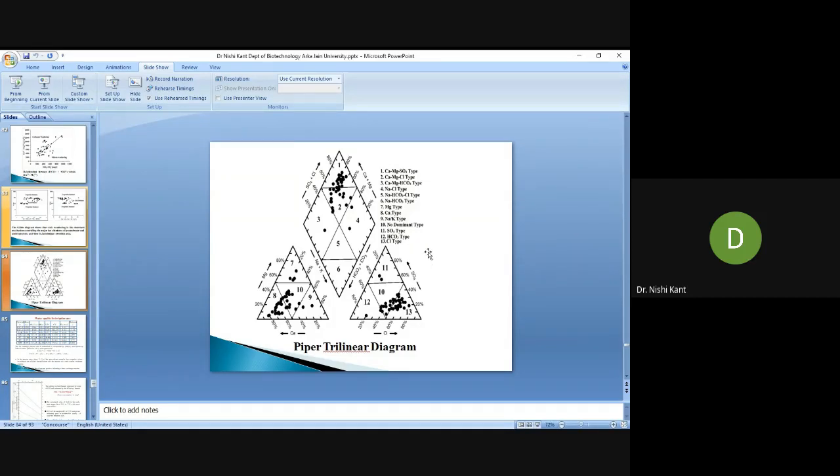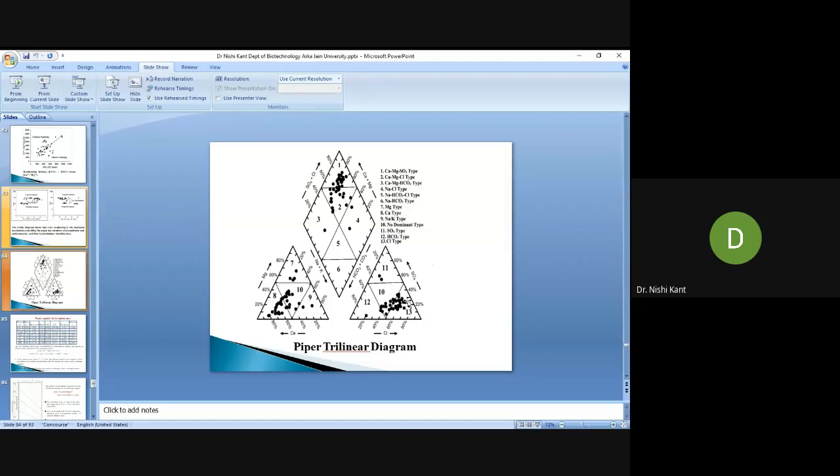In the anionic triangle, the majority of samples, about 52%, fall in the chloride field, which suggests that the major source of chloride may be domestic sewage. About 40% of samples fall in the no dominant type, and 5% of the samples fall in the sulfate field.